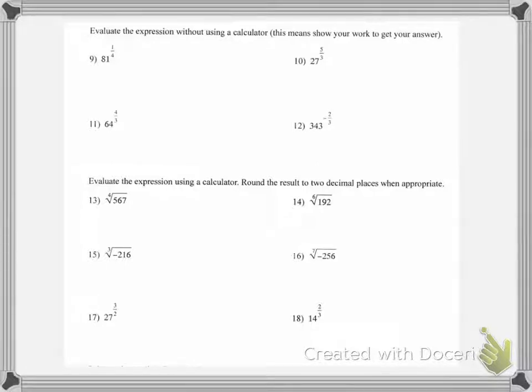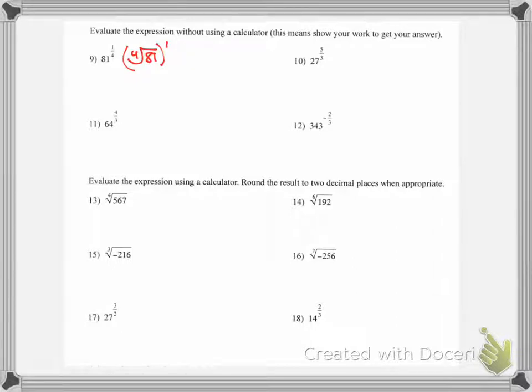So what this often means is that we're going to take all these exponents here, we're going to convert them into radical notation. So I'm going to start with 81 to the 1/4. I'm going to convert that first to the 4th root of 81 risen to the 1st power. So again, if you've picked up on some of these number patterns, you should be able to do this pretty easily mentally.